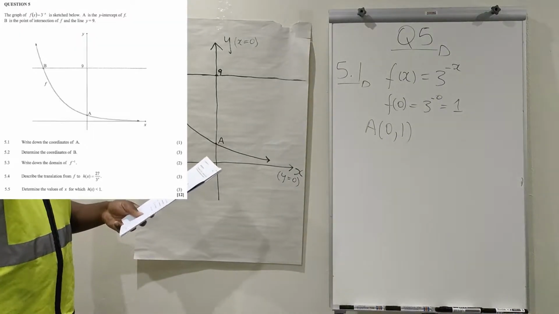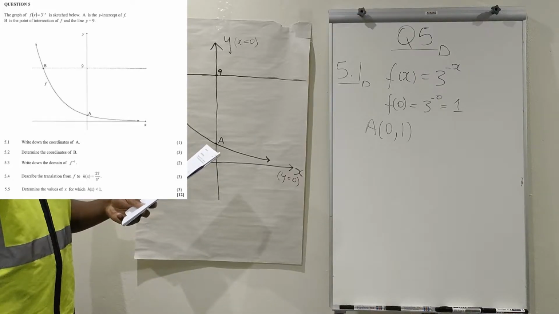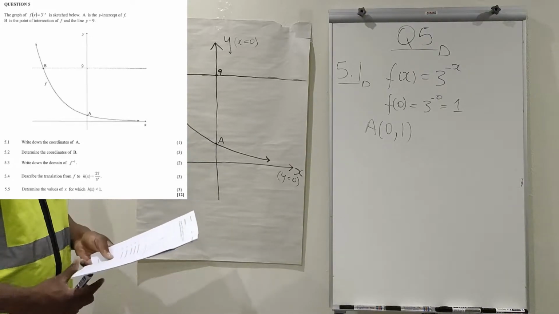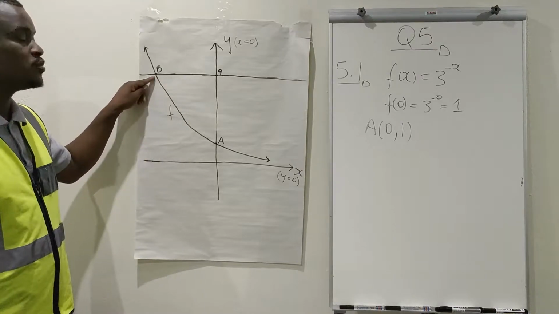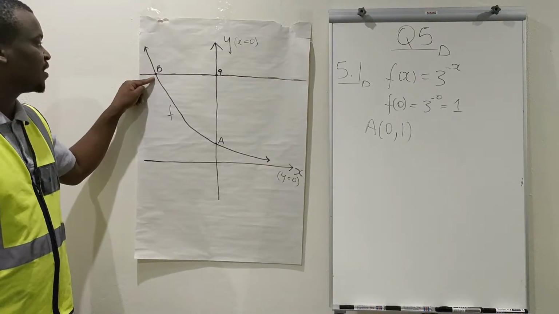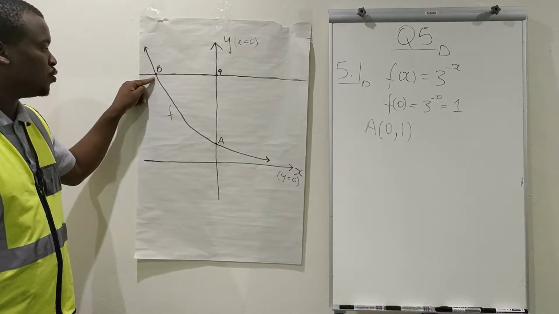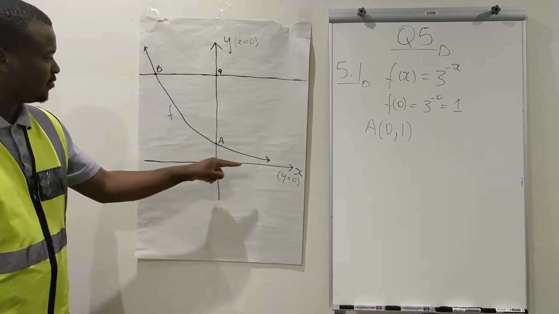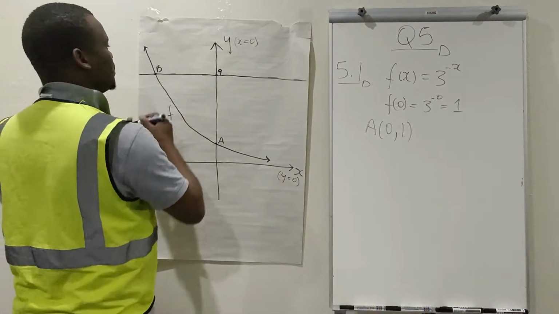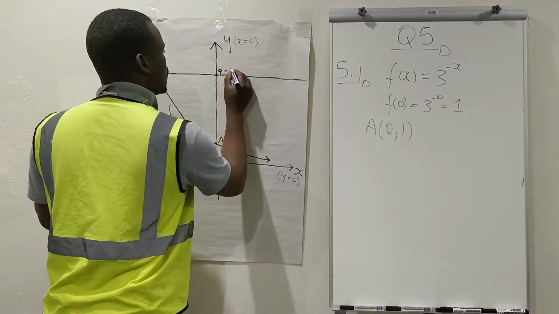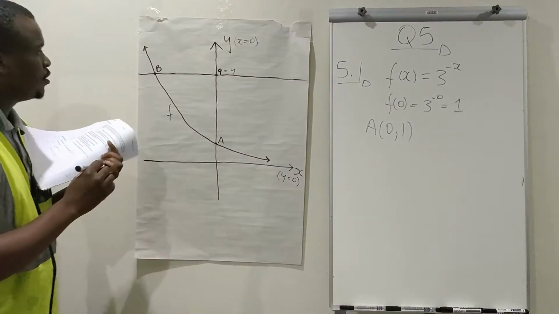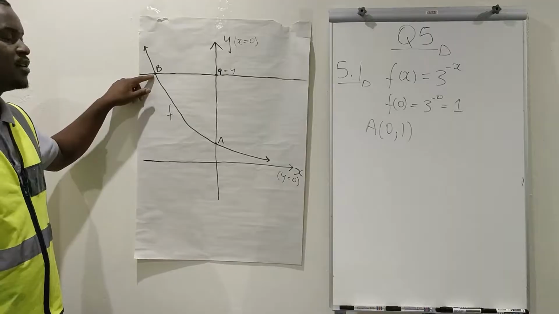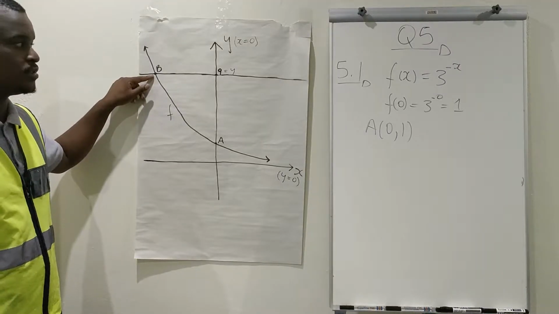5.2. Determine the coordinates of B. At 5.2, they want you to find the coordinates of B. So you have two functions, f and y equals 9. This is the line y equals 9. At point B, they have the same y coordinate.